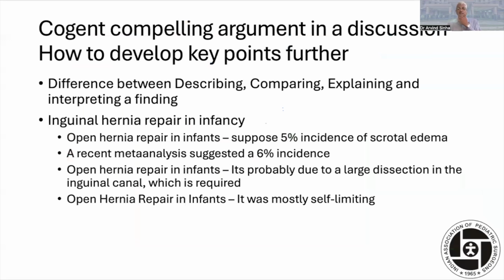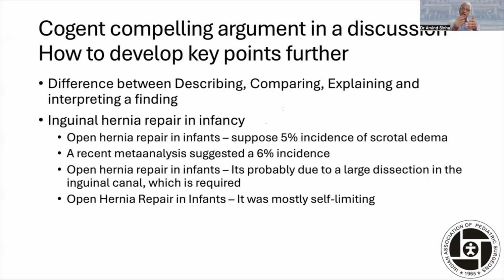Let's say we've done a study on open inguinal hernia repair in children, and suppose you find a 5% incidence of scrotal edema, and a recent meta-analysis suggested a 6% incidence. The 5% incidence of scrotal edema is the description of the result itself, whereas the meta-analysis suggesting a 6% incidence is the comparison with the literature, right?